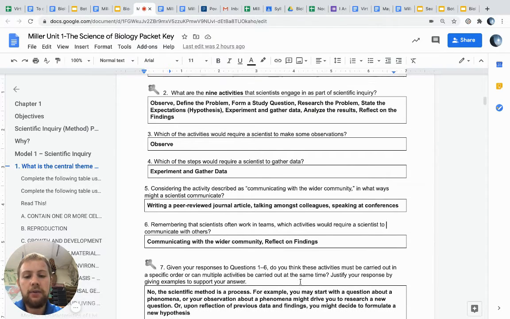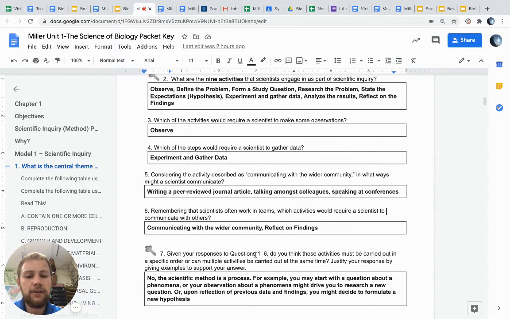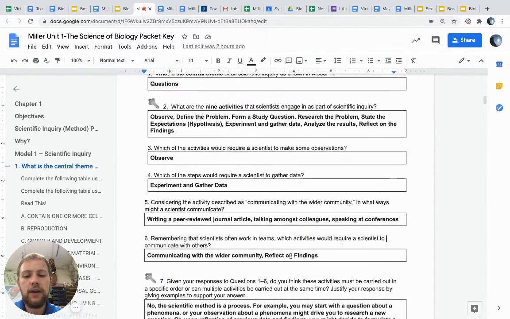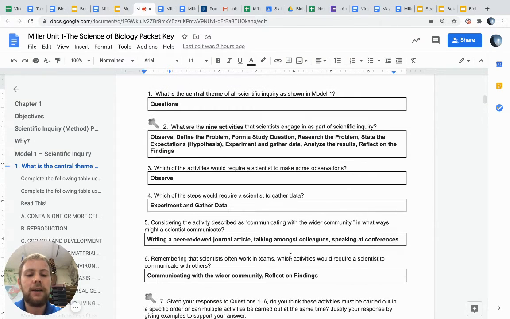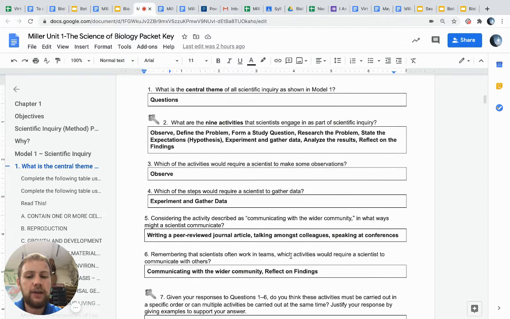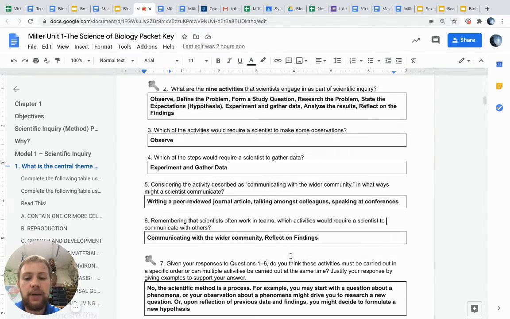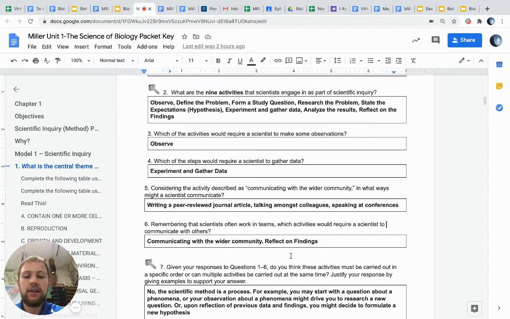All right, so key question number 7. Given your responses to questions 1 through 6, do you think these activities must be carried out in a specific order, or can multiple activities be carried out at the same time? Justify your response by giving examples. Your examples could be many different possibilities here. But what I said is the scientific method is a process, so no, it does not have to be carried out in a specific order.